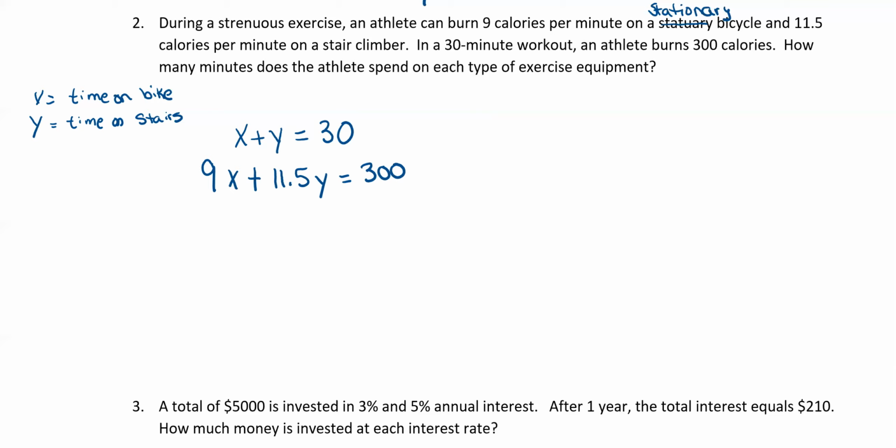There are your two equations and your two unknowns. You can solve by substitution or elimination. But the answer will be 18 minutes on the bike and 12 minutes on the stair climber.